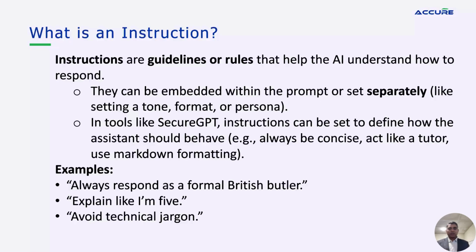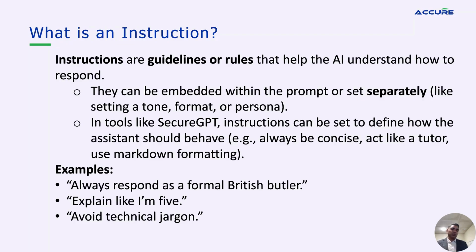Let's explore another term called instruction. Instructions are like giving guidelines or a set of rules to help AI understand how to respond or how to generate the answers. The instructions can be embedded inside a prompt, or they can be written separately.